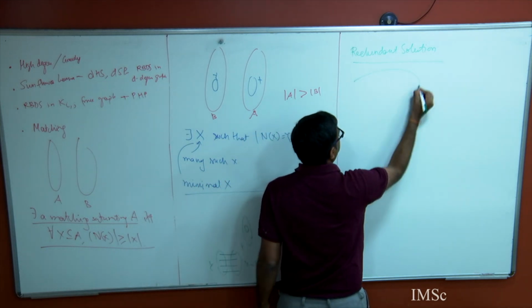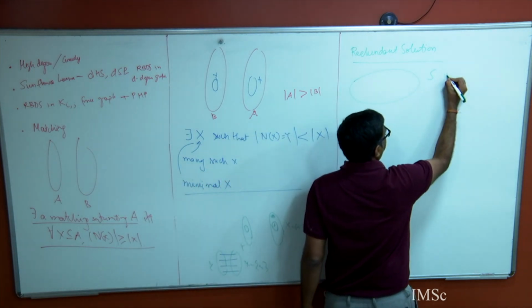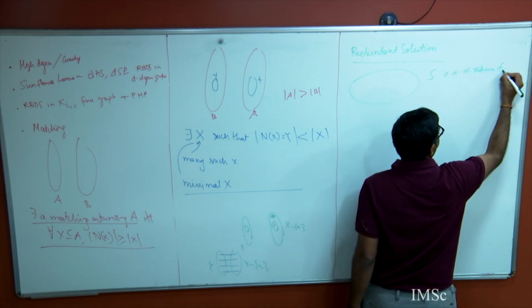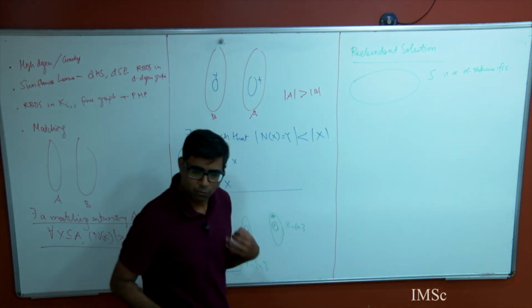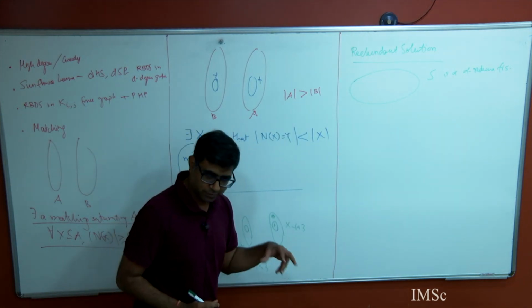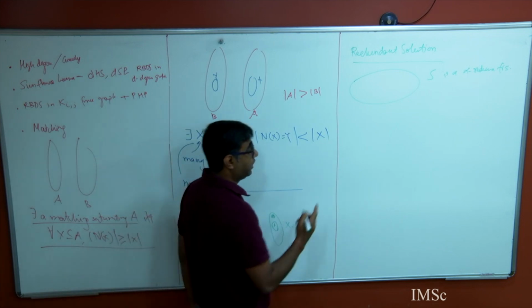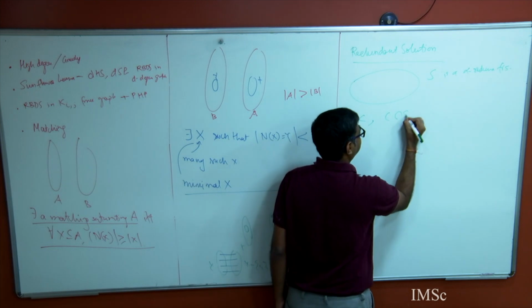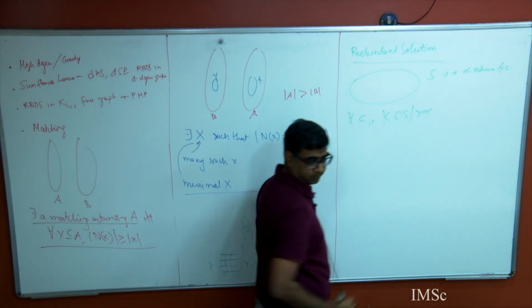We'll say, for example, S is an alpha redundant FVS, feedback vertex set. What is the meaning of this? It means for every cycle C, the intersection with S is at least alpha.